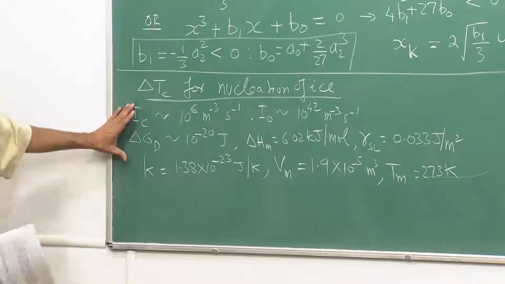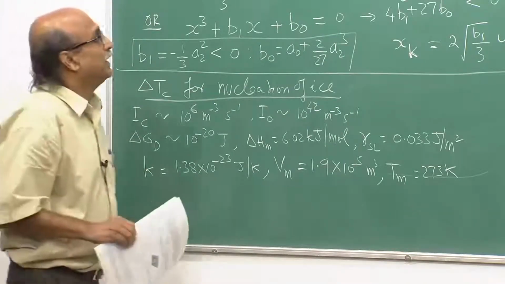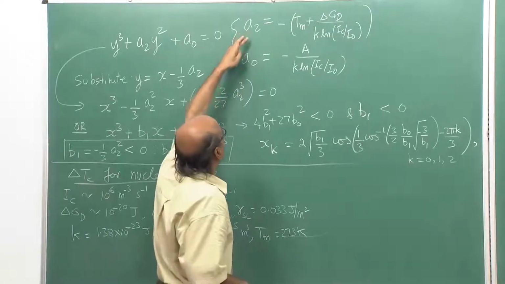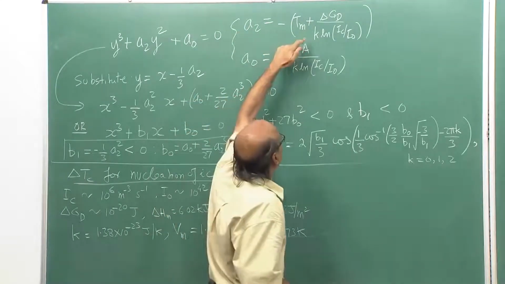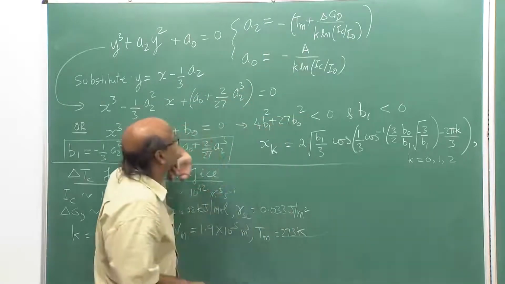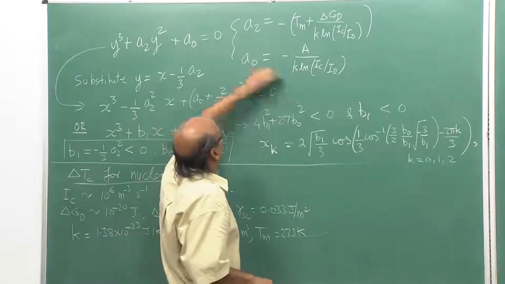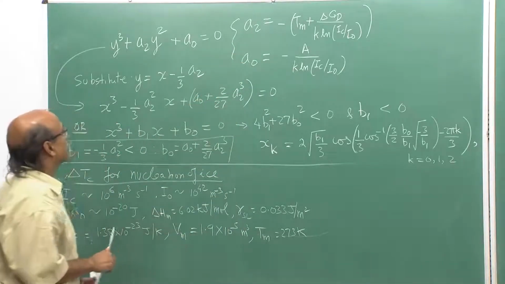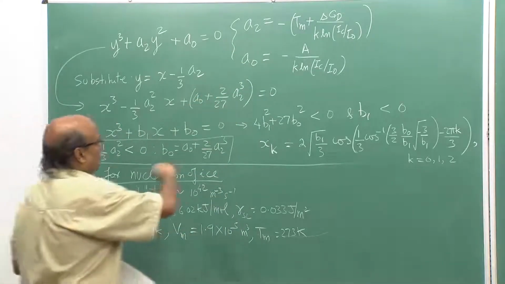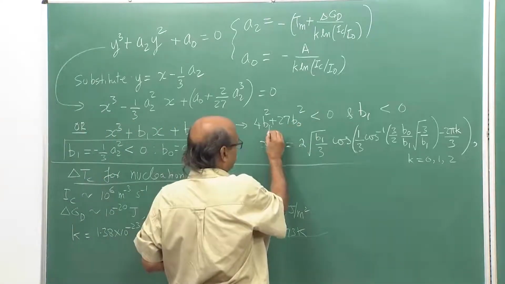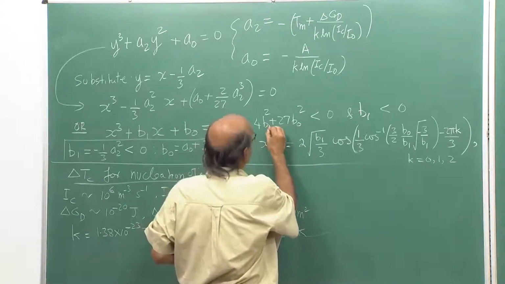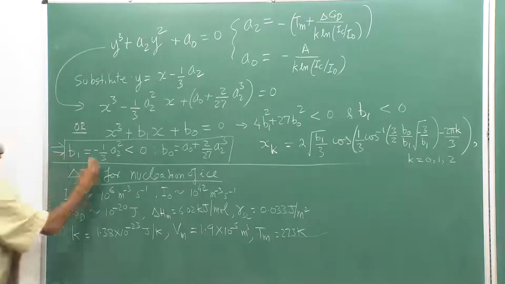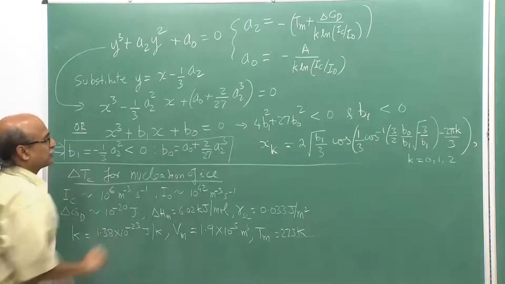So, I take these values and I plug them in, find out what is A2. In fact, I will have to first find out what is A from the expression that I have already given, find the small a2, A0, find out what is B1 and B0 from these set of relationships.